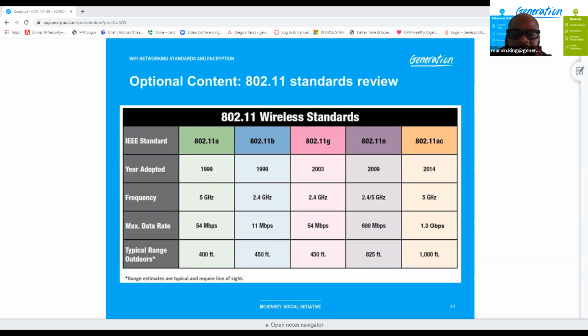And as it stands, to piggyback on what Diego's saying, 5G is what you would want your device to be on if there are no obstructions. But 2.4 can extend a lot further, but of course that extension comes with the loss of speed. So for that 5G, you want to be in the same room.